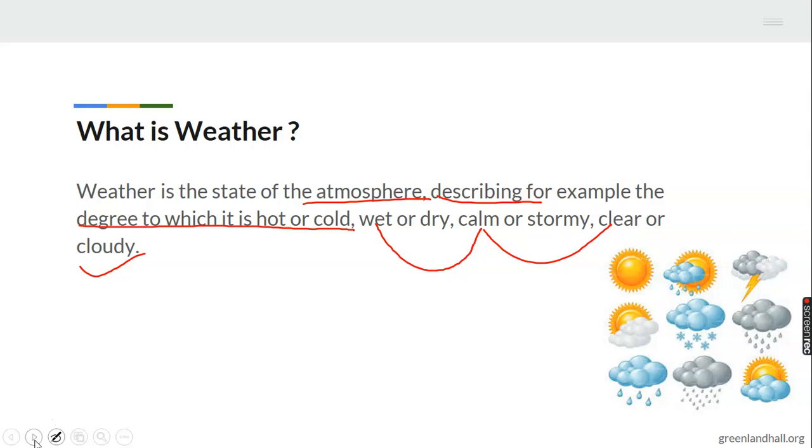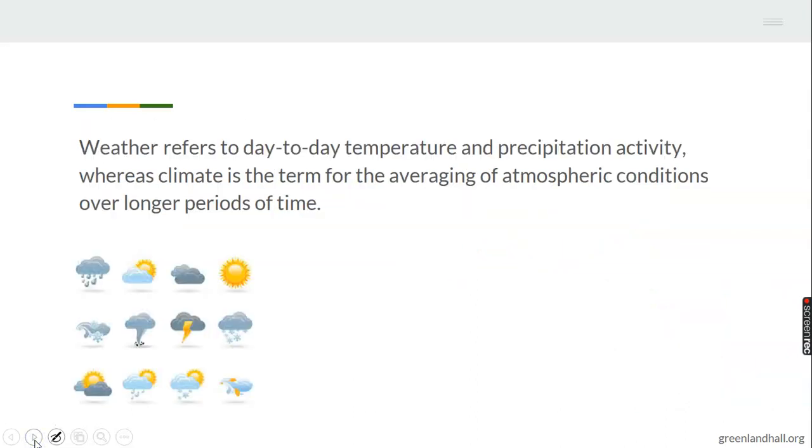It means it changes from one season to another, from one state to another, because we have different states across board. Now, weather also can be our day-to-day temperature and precipitation activity. Okay? Now, the day-to-day temperature. Today is sunny, today is nice, I love today because it's not raining.